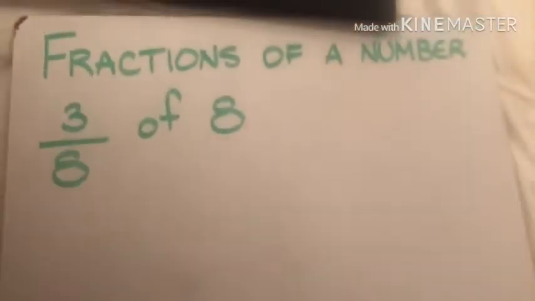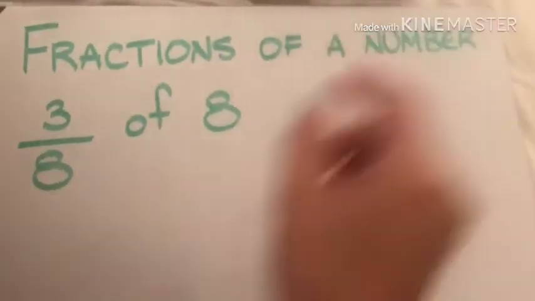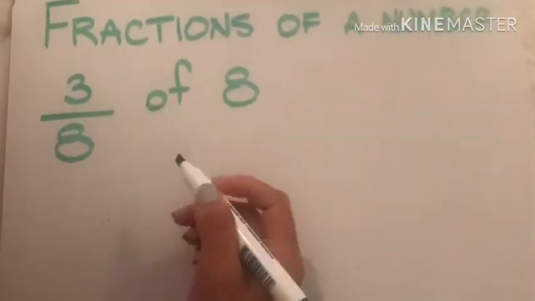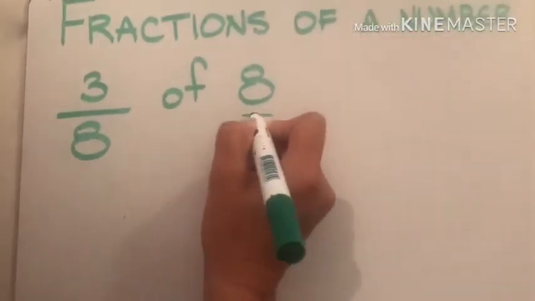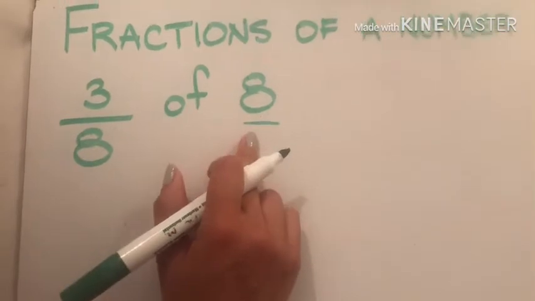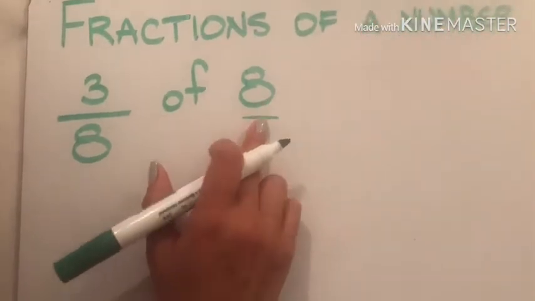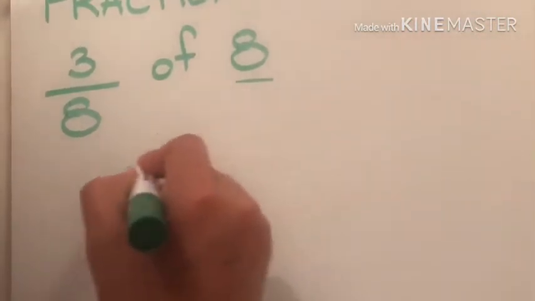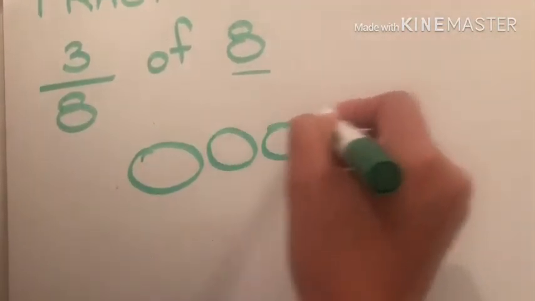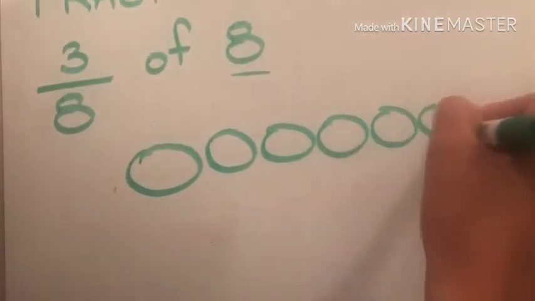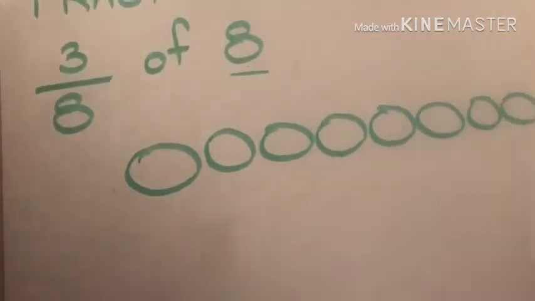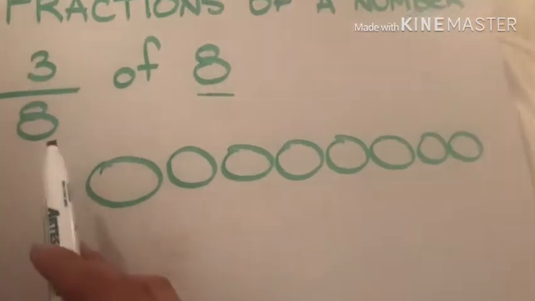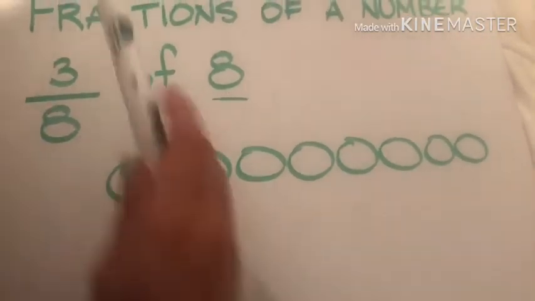Let's have a look at this third exercise. And the same way we did the last time, we take this number and we're going to represent it into 8 objects, right? So I'm going to draw 1, 2, 3, 4, 5, 6, 7, 8 circles. And they are telling me to make 8 groups.